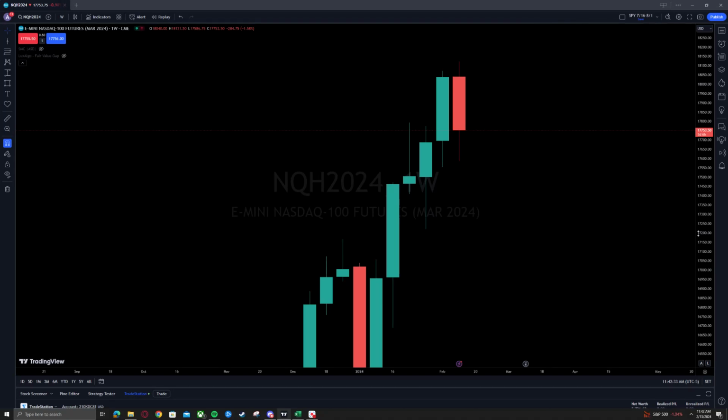So micros, it's a tenth of a mini contract. So this NQH 2024 is a mini. If I go MNQH24, it's a micro. So it's a tenth. So I can be on a $2,000 account and I would have enough leverage to trade MNQ, but no way on NQ. That makes sense.